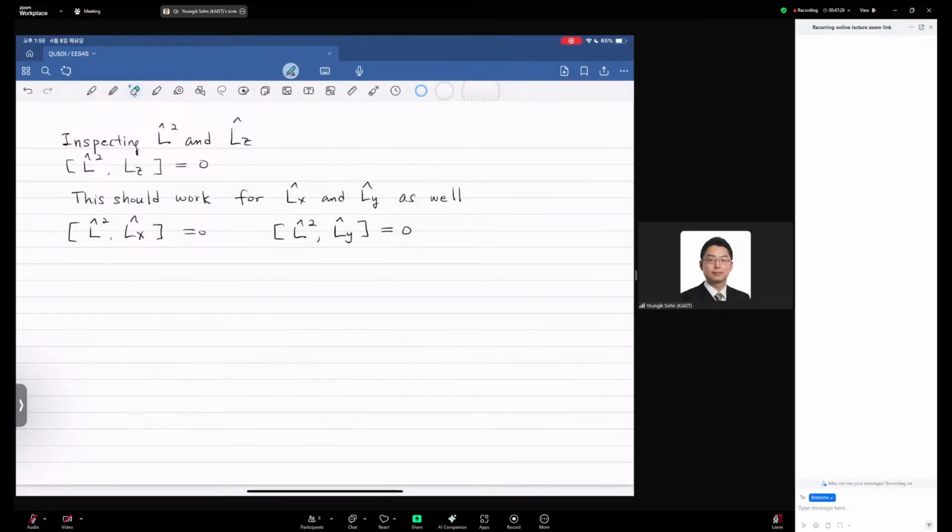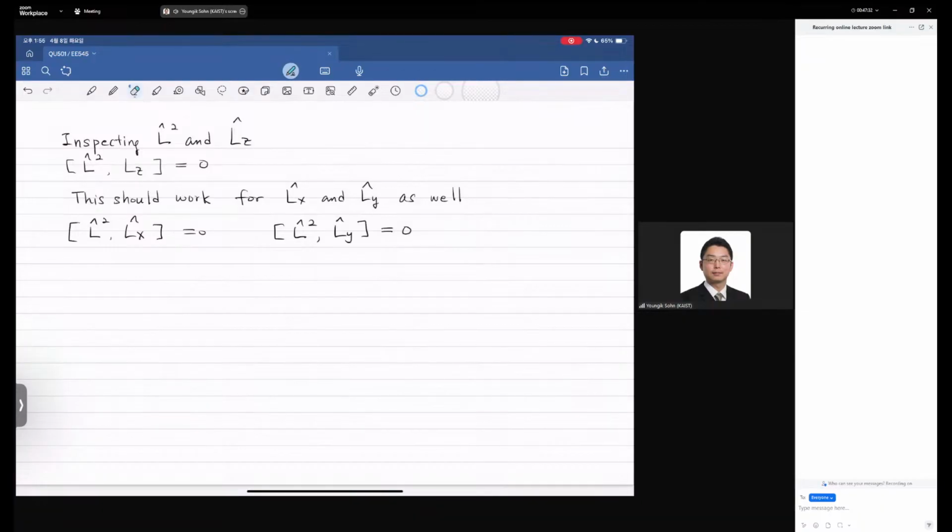X and Y are not really physically special, if you think about it. When we introduce the spherical coordinate system, mathematically Z is special, but we're solving a problem where there is no preference of X or Y over Z. They're equivalent in this problem. Physically, nothing makes them special.